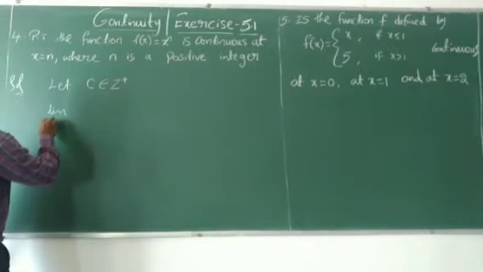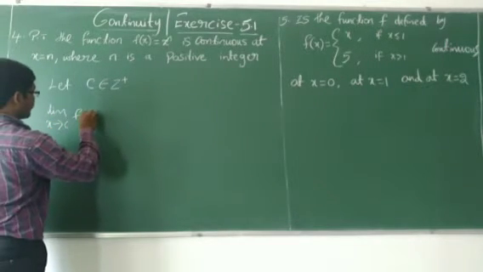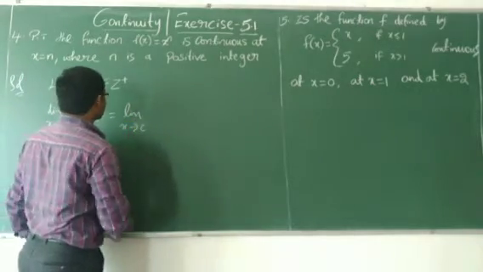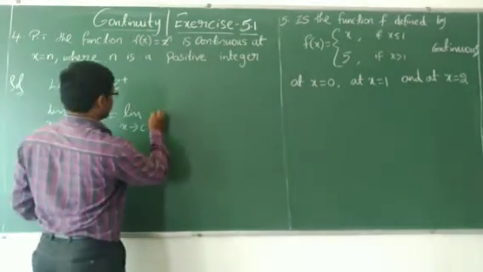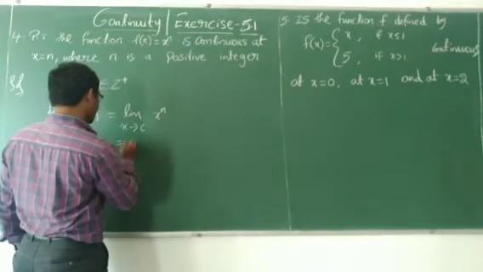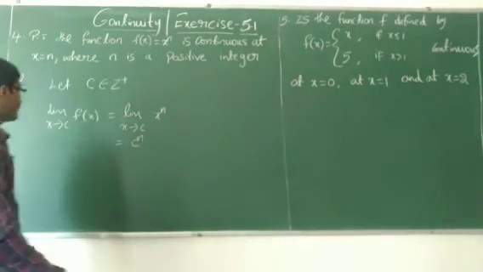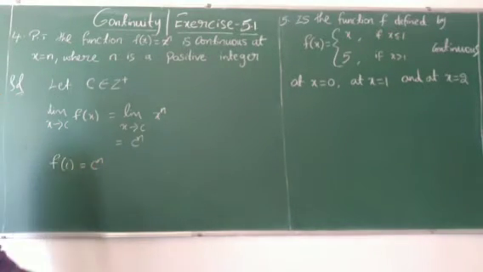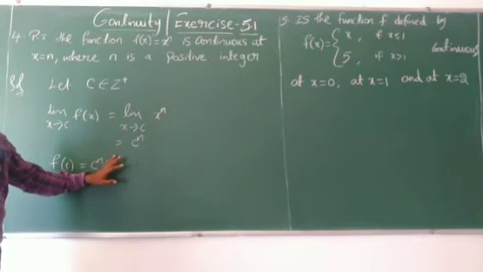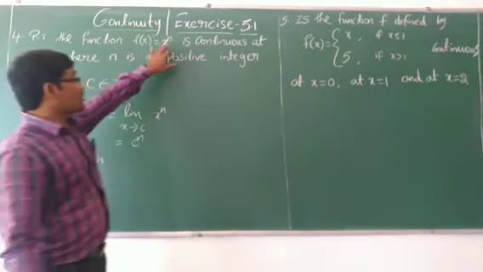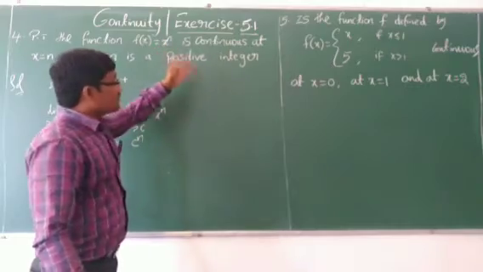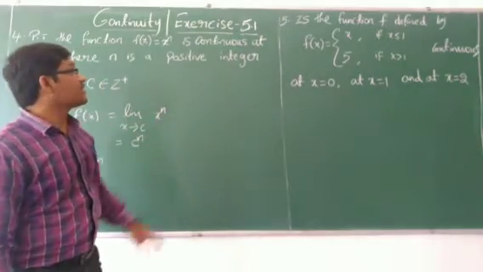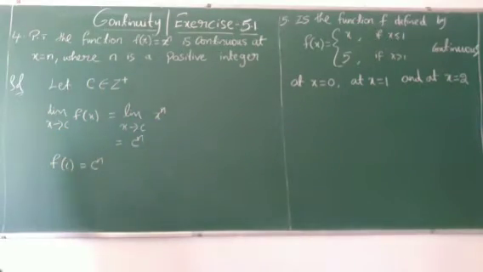So limit x tends to c, f of x, which is x power n, is equal to c power n. F of c is equal to c power n. Directly you just substitute the c value. This is actually a polynomial. It is continuous everywhere, not only for positive integers, it is continuous even for negative integers also.